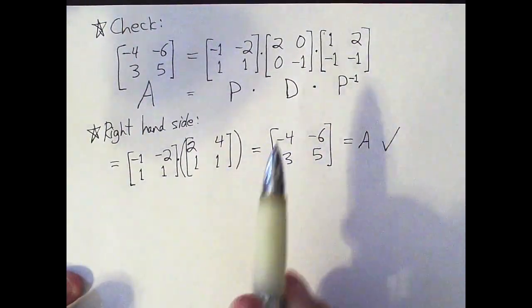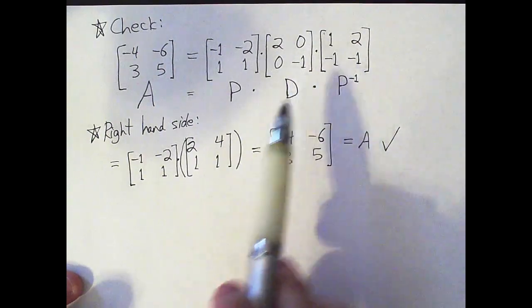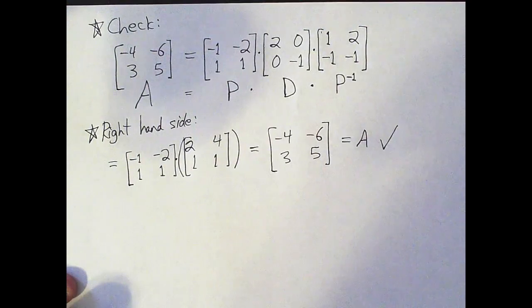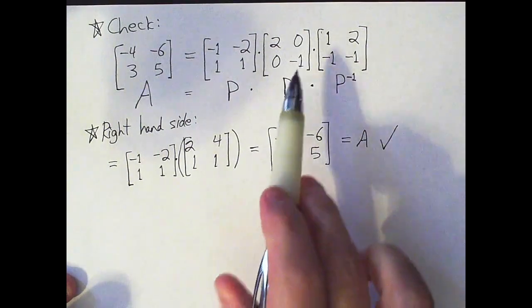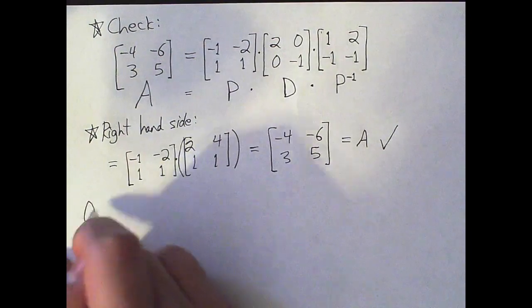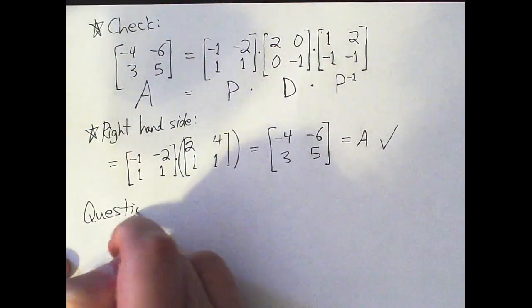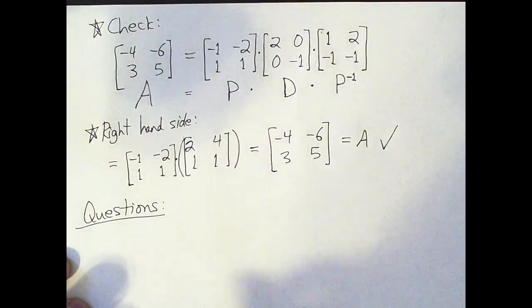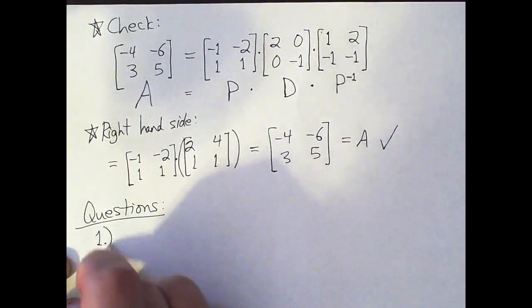But the big question should be, how would you find these? Like if you were just given A and you were wondering, first of all, is it diagonalizable? Is it similar to a diagonal matrix? And then second of all, how do we find them? So let's write some questions here. These are the main questions for this lesson.